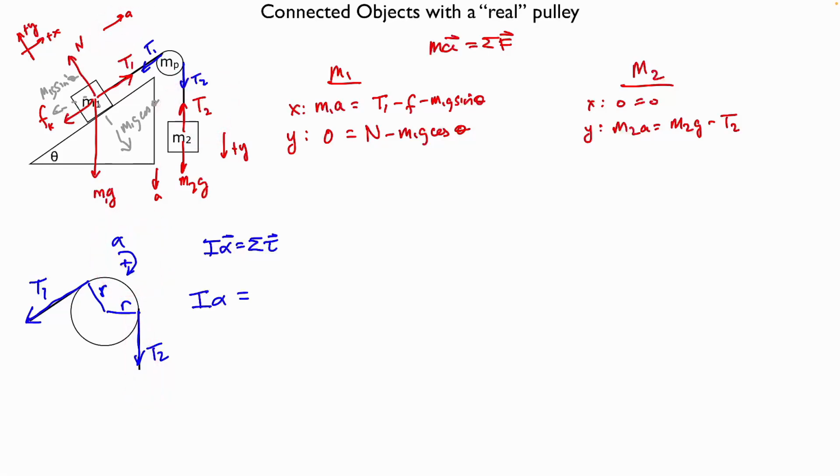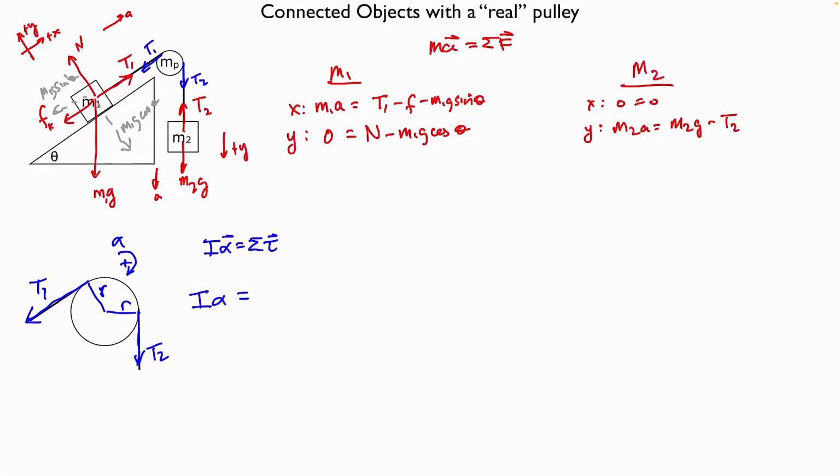So I can just write down I alpha equals, and now I'm going to do a three-step process, just like training wheels. I strongly suggest you follow these steps when you're thinking about torques. Torques is a new thing for you, so you want to break this down. Eventually you'll get to the point where you can combine maybe a couple of these steps.